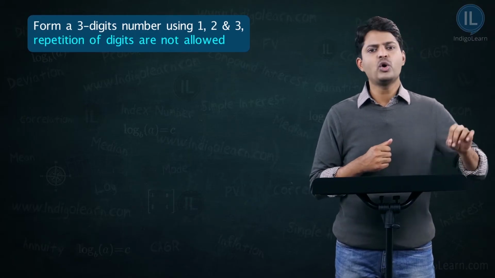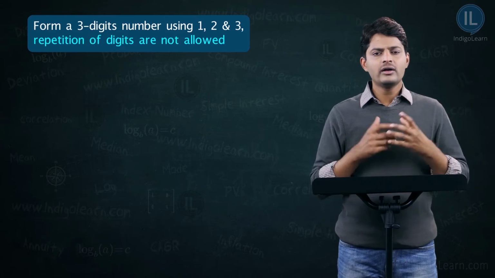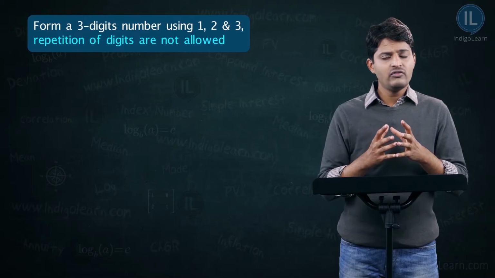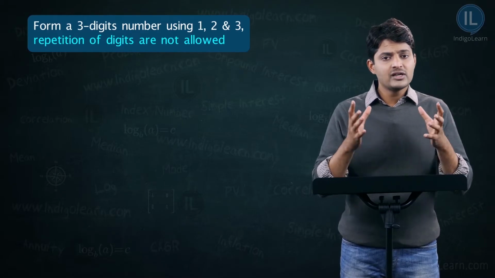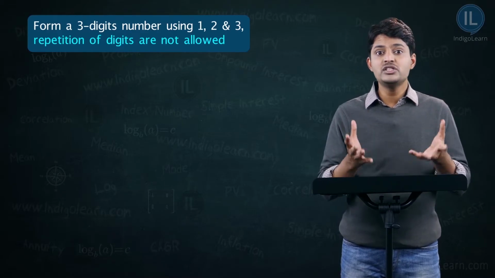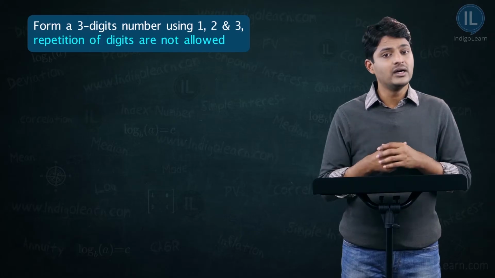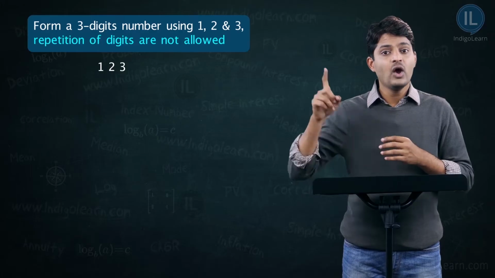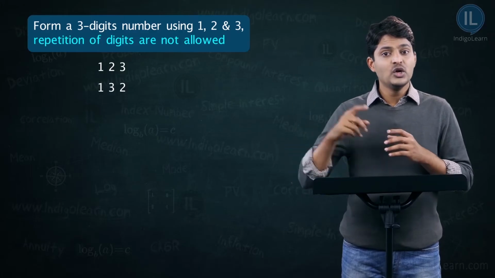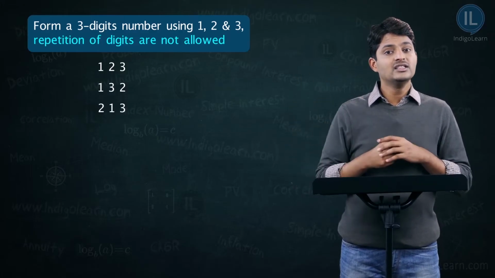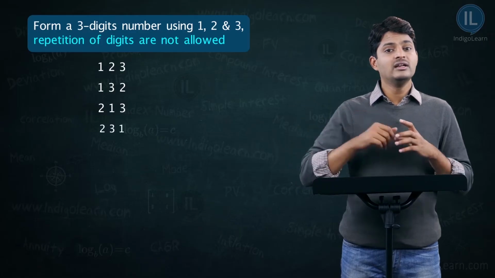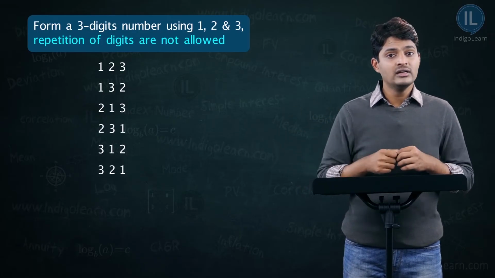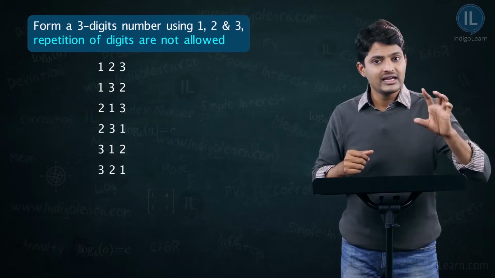Some of you would automatically think, or on the top of your mind, you would already get different ways of arranging these numbers 1, 2, 3 in 3 different positions, because I want to form a 3-digit number. So if your answer is 123, then 132, then 213, then 231, then 312, then 321, then your answer is exactly correct, right?